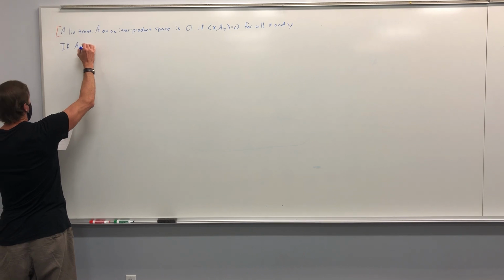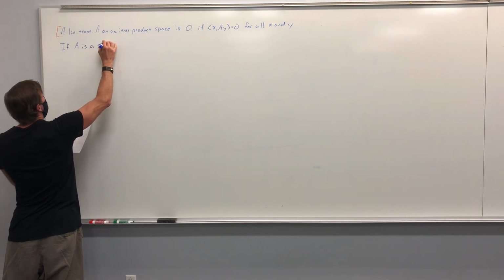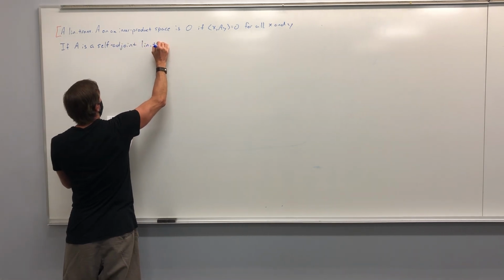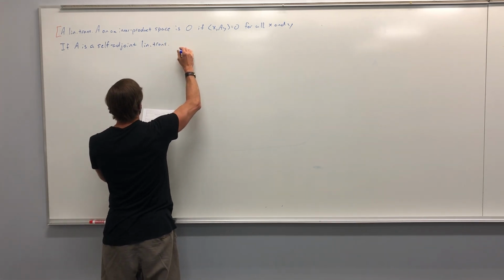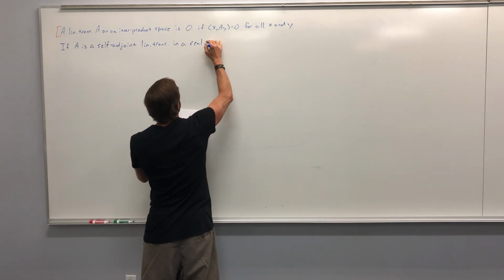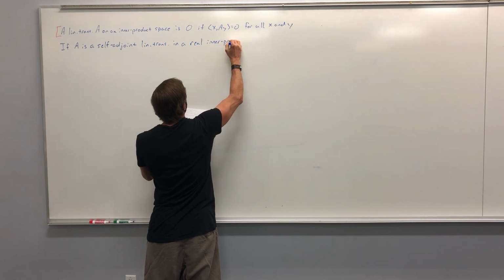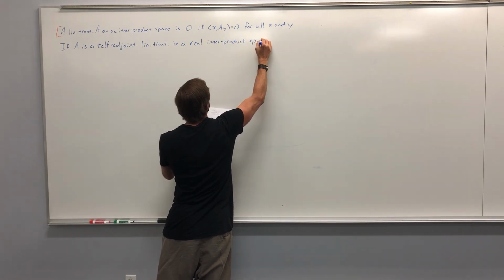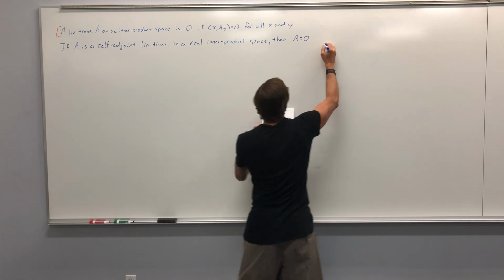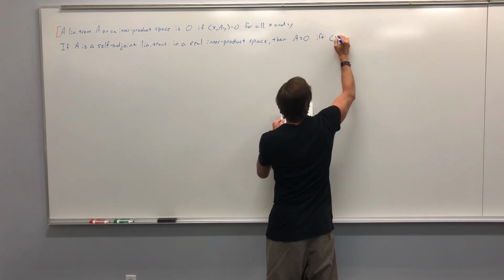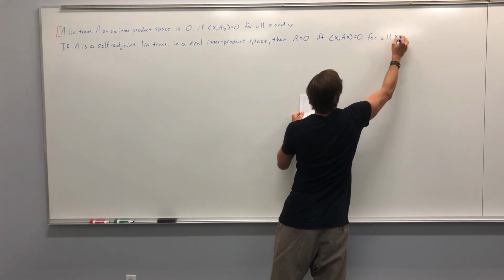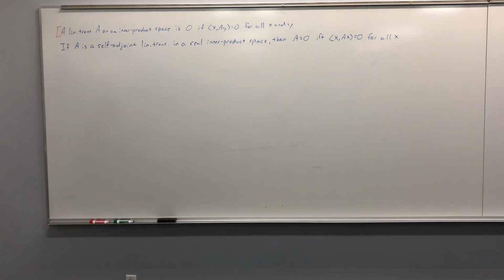If A is a self-adjoint linear transformation in a real inner product space, then A equals 0 if and only if x, A x equals 0 for all x.